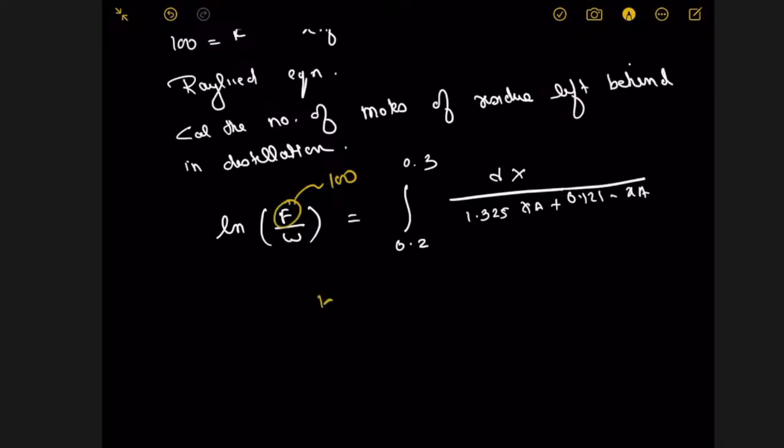So you can easily calculate the W. What is coming? It will be 66.85.